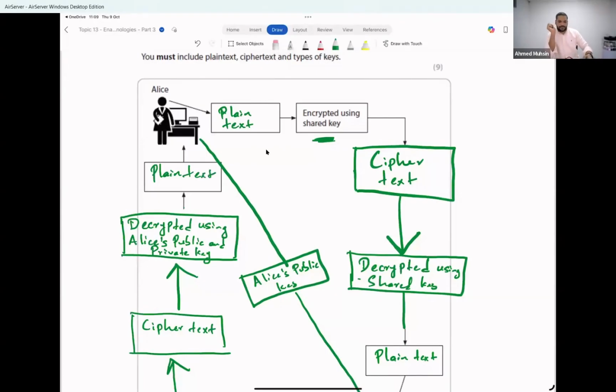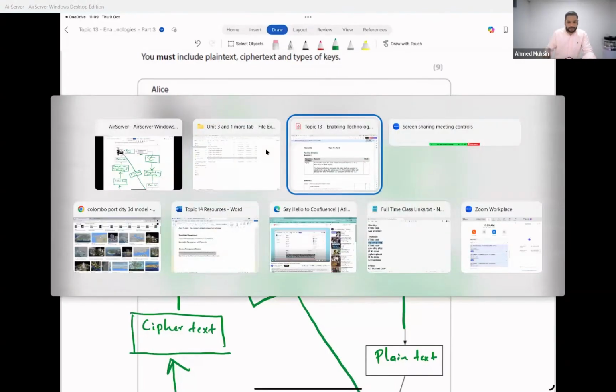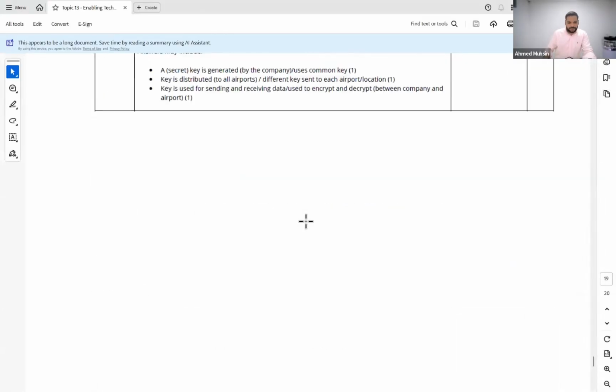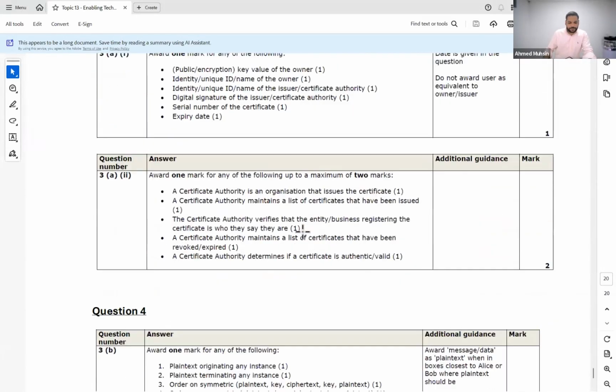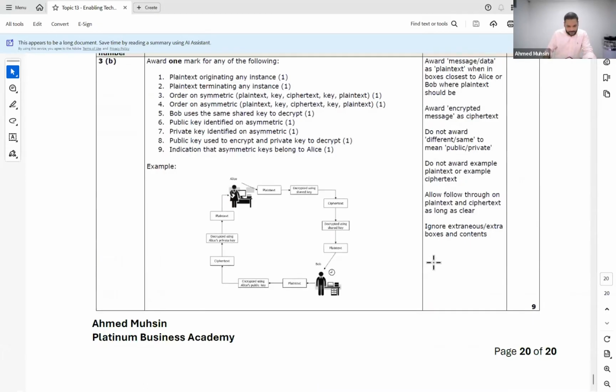Does the marking scheme follow the same diagram? Give me a second. Just have a look at the marking scheme. Yes, the marking scheme follows, except that exchanging of public key doesn't happen in the marking scheme.